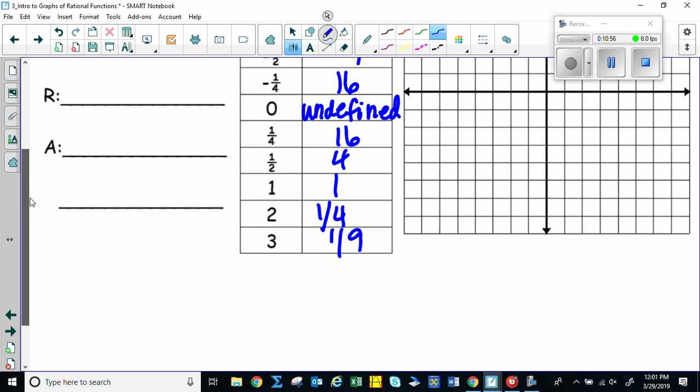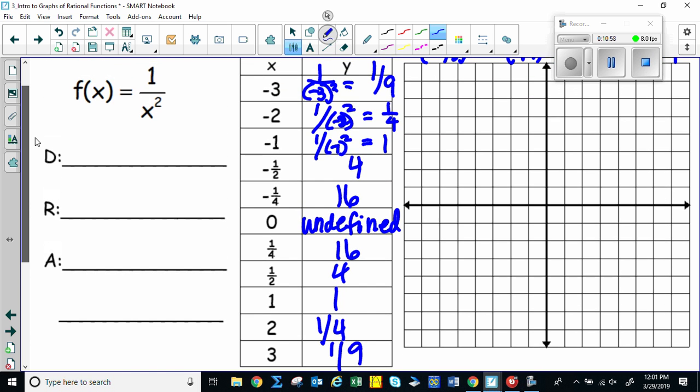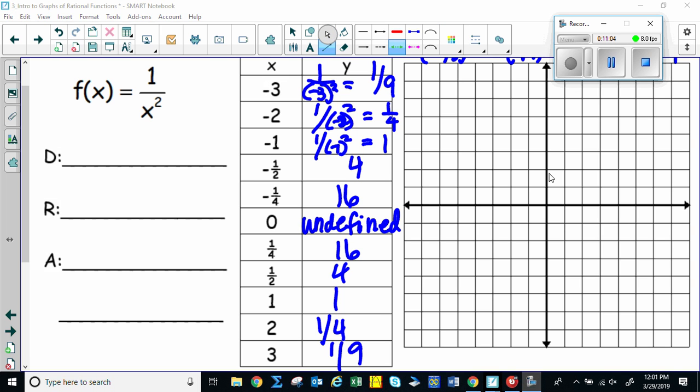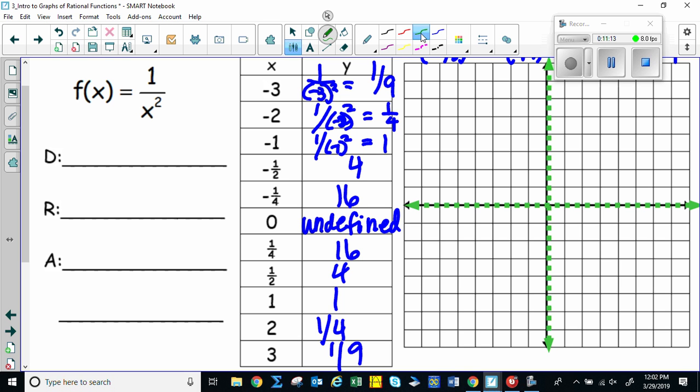All right. My horizontal and vertical asymptotes are identical to the last parent function. I have a vertical asymptote at x equals 0 and a horizontal asymptote at y equals 0. So I'm going to write vertical asymptote, horizontal asymptote.